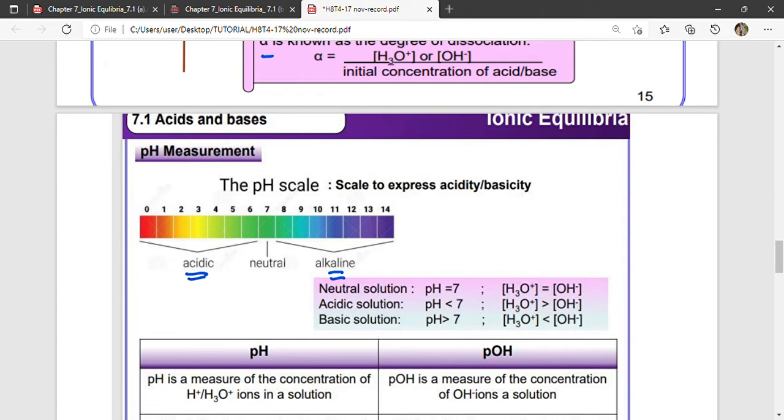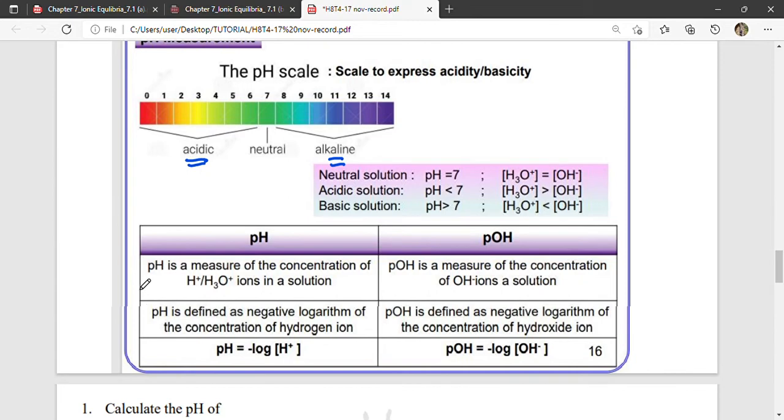So what should we know about the pH of 0 to 6, or the acidic pH? For an acidic solution, when the pH is less than 7, the concentration of H3O plus is greater than the concentration of OH minus. pH is the measurement of the concentration of H3O plus.